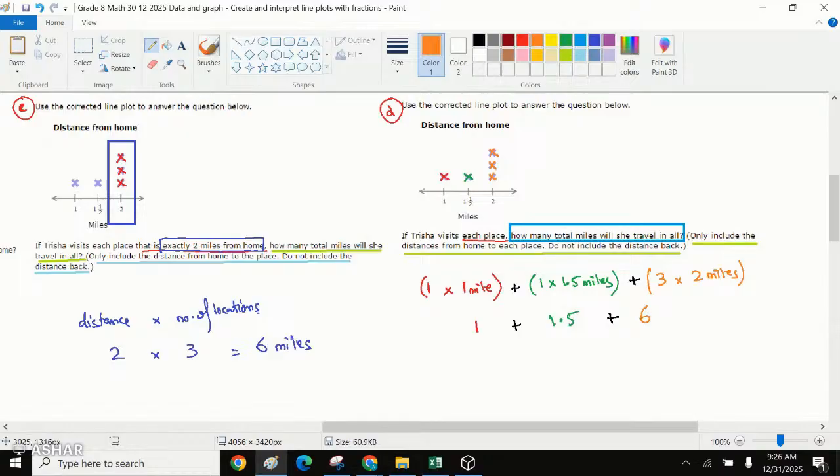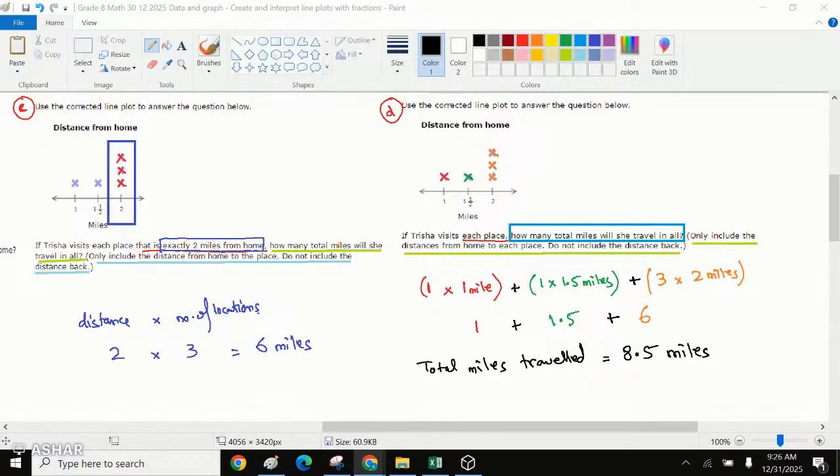So when we add them together, 6 plus 1 is 7, 7 plus 1 is 8, and 0.5. That means the total miles traveled by Trisha would be 8.5 miles. That's the total distance traveled by her. Agreed?